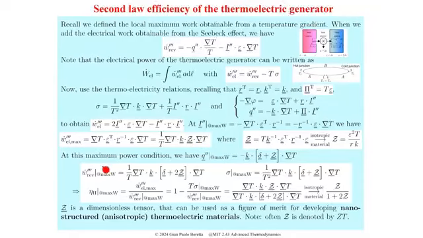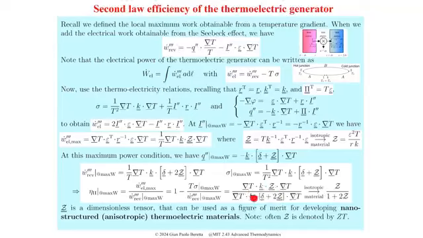Okay, then once you have this, you can also substitute all the rest and compute the second law efficiency. Second law efficiency is the ratio between the work at maximum power and the reversible work that you could get with that current that you have at the maximum power.